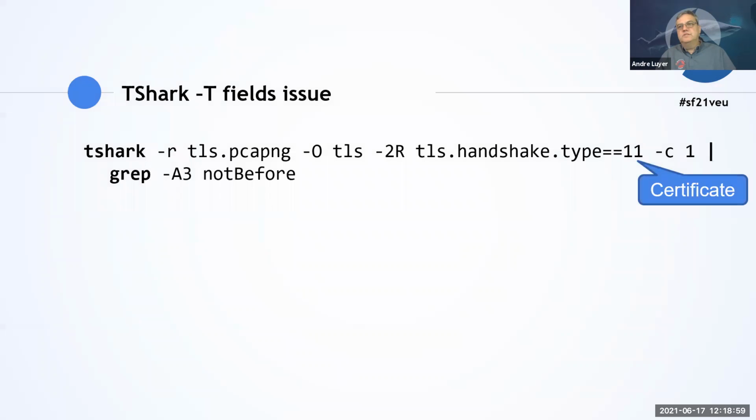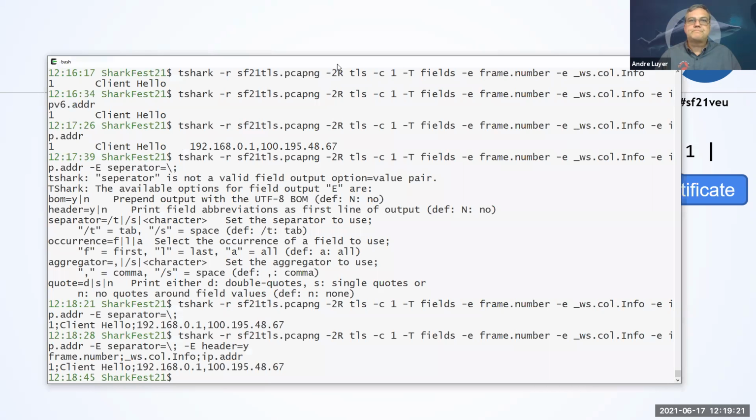Okay. I show you the TLS fields options, and there is some issue with that, because it's not related to, how do you say it, there's no history. So I'll show you what I mean.